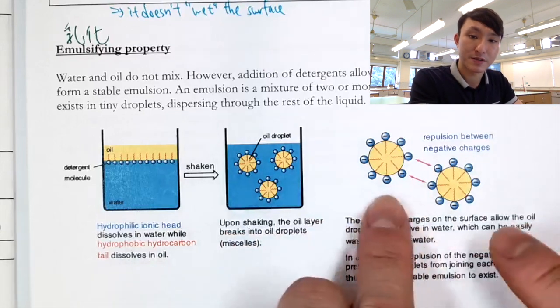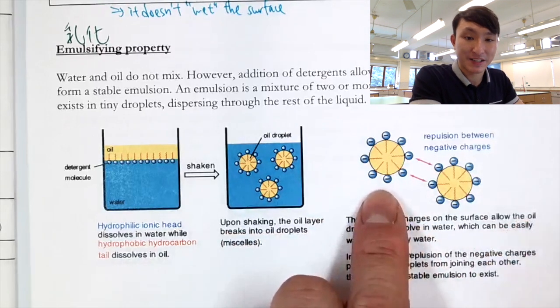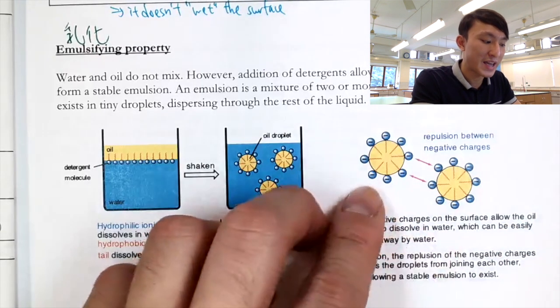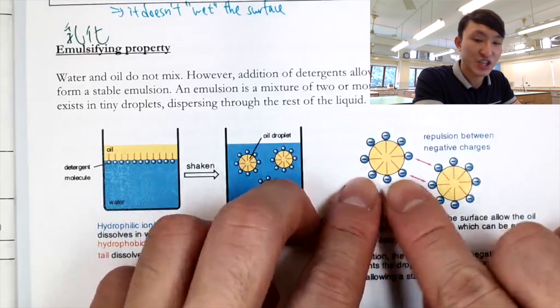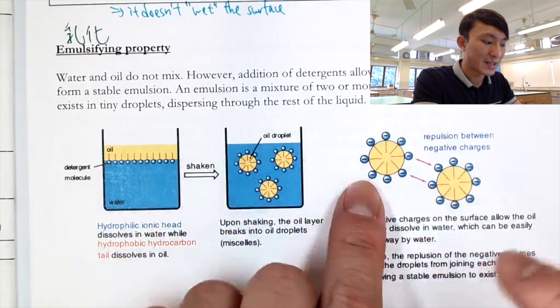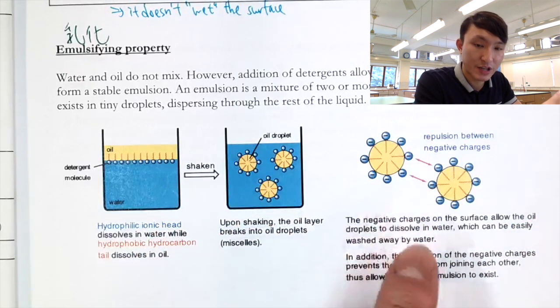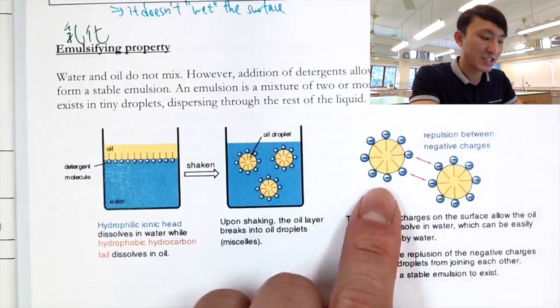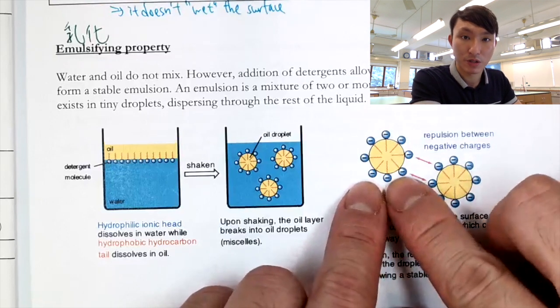Or would that be a sphere? Mathematically, it tells us that forming a sphere is the best way to separate the adjacent charges away from each other. So that's why the oil will adopt a spherical shape upon shaking, in a way to separate the charges as far as possible.